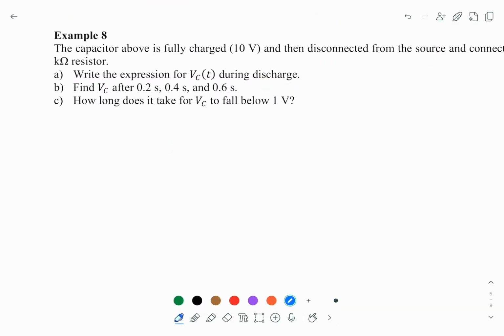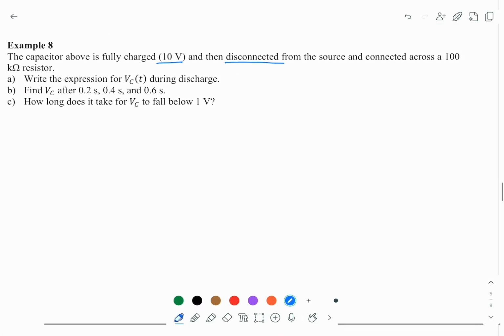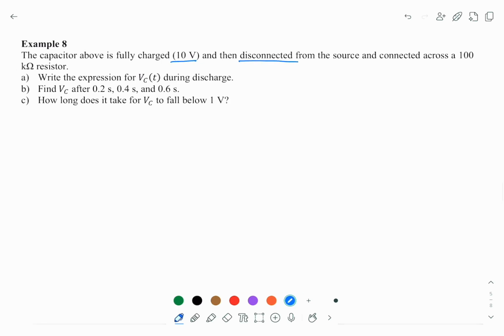Number 8, the capacitor is fully charged and then disconnected from the source and discharges across the 100k ohm resistor. So we have a capacitor which is fully charged. It has about 10 volts across.